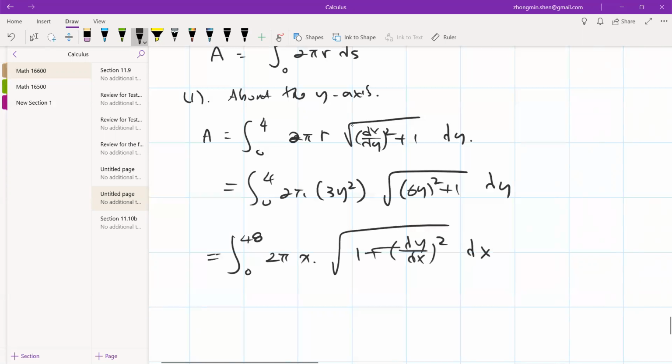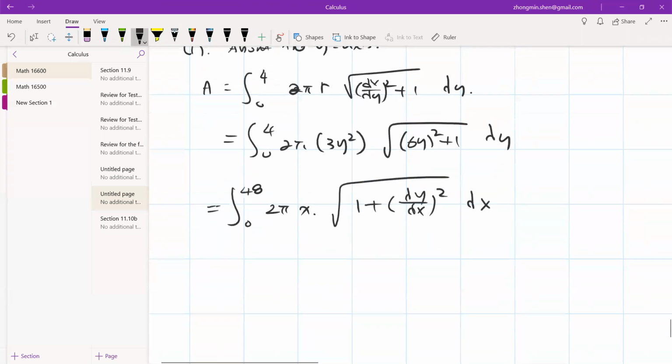Right? So you have to find the relation between y and x, because x equals 3y squared, so y equals the square root of 1/3 x.